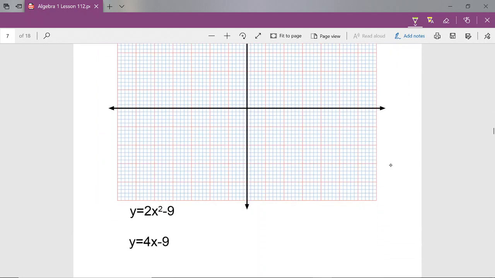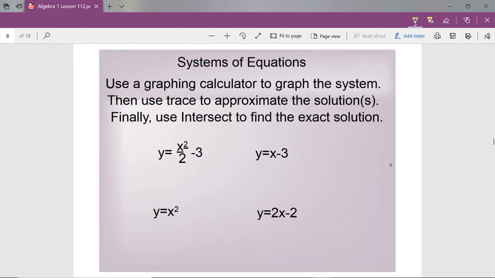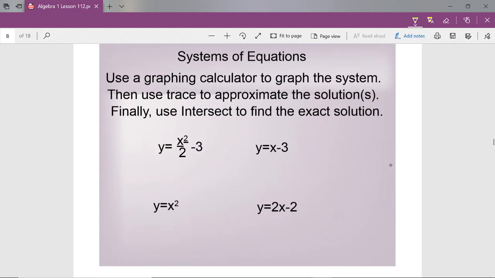All right. So what we can do here is with a graphing calculator, you can also do this. Now, I'm not going to show this with a graphing calculator because it would look familiar because it's actually the exact same process that we do to graph systems of linear equations and find the intersection point.